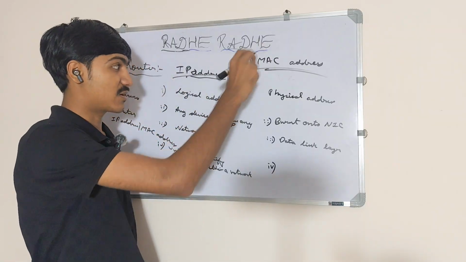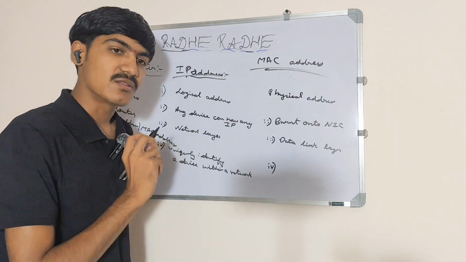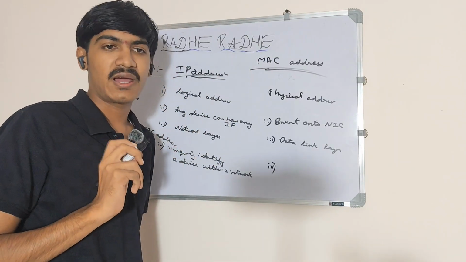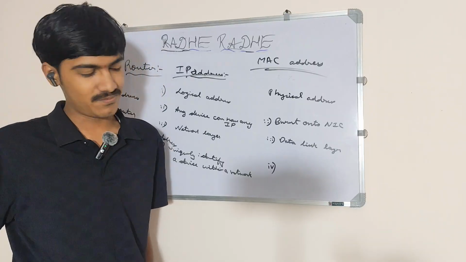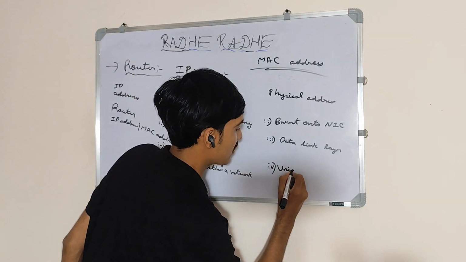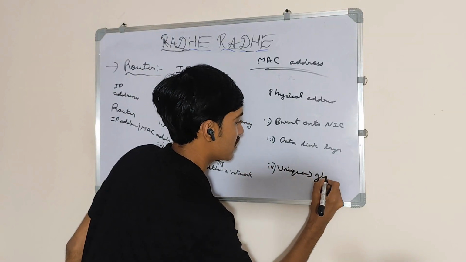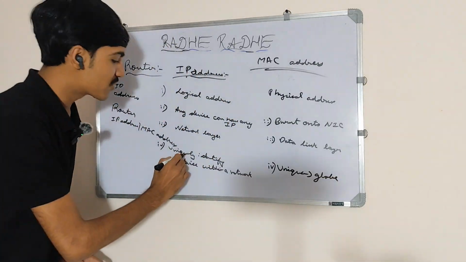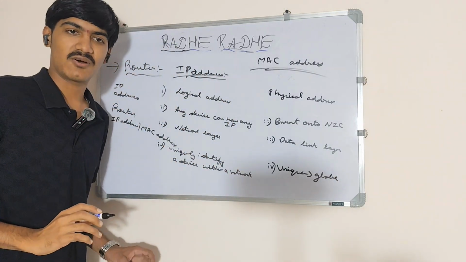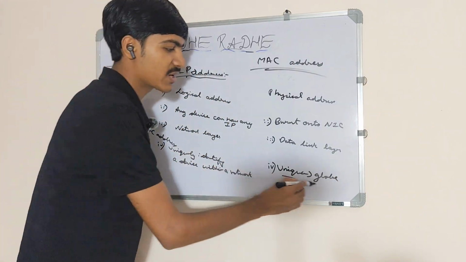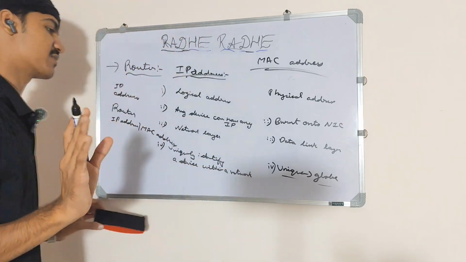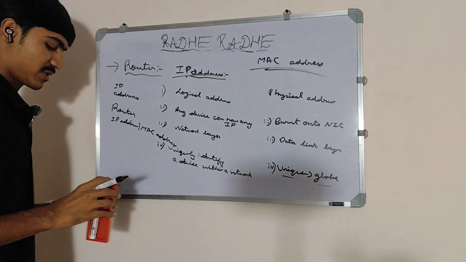A MAC address, the physical address, is used to uniquely identify a device across the globe. IP is unique only within the network; MAC is unique across the globe. That's the difference.